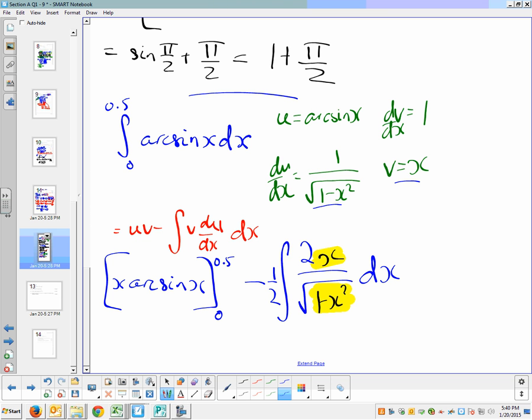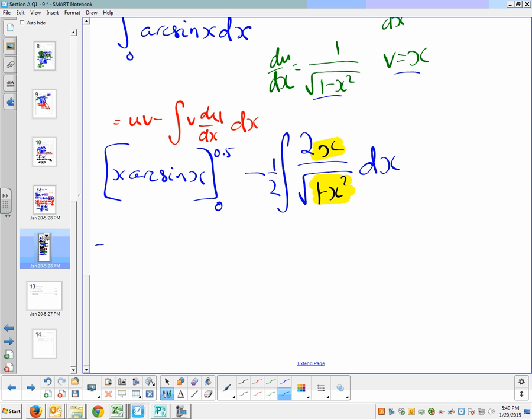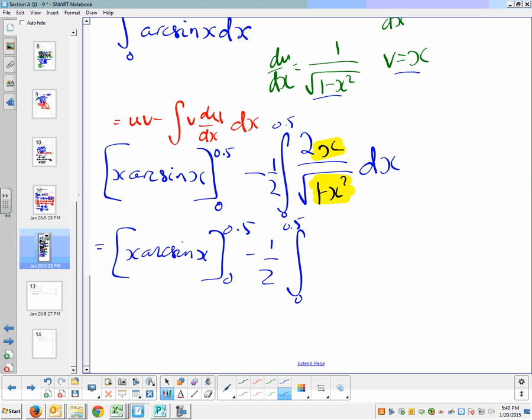So 1 minus x squared differentiates to 2x. Or, write it out again, I'm going to rewrite that as a half of the integral of 2x times 1 minus x squared to the minus a half with respect to x.